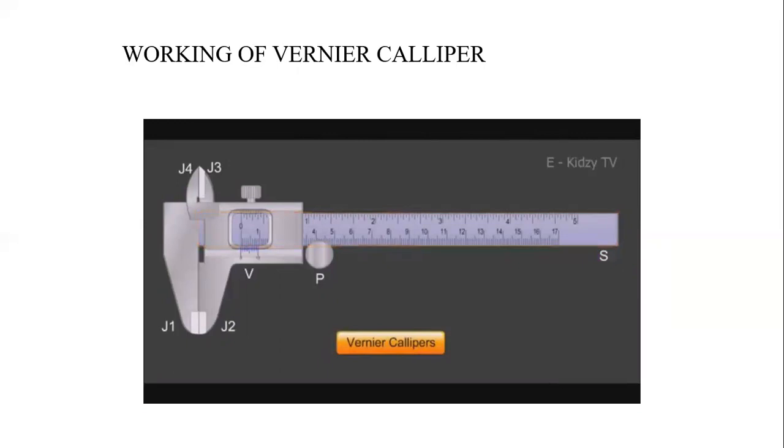At one end of this strip, a jaw J1 is fixed, commonly called the fixed jaw. A metal frame B on the right side of the fixed jaw J1 can slide along the main scale. This metal frame serves as the vernier scale.